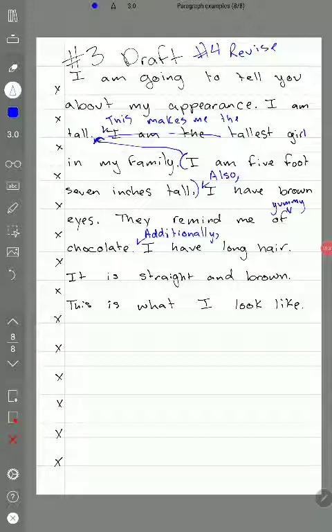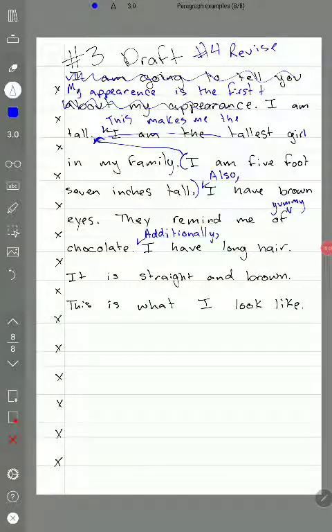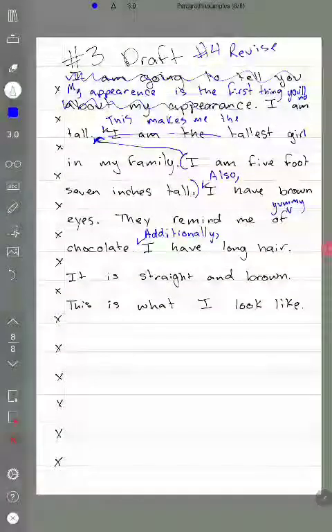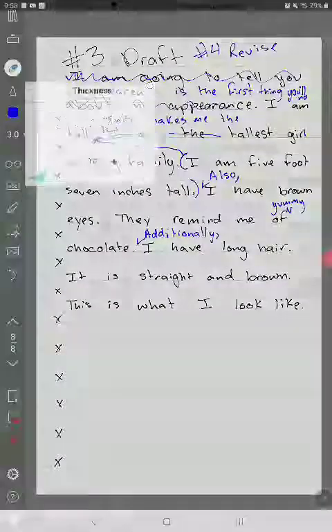How about I change this all the way and I say, my appearance is the first thing you'll notice. Ooh, don't have a lot of space in here.